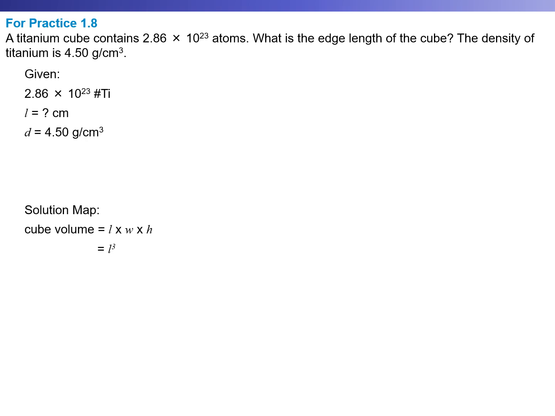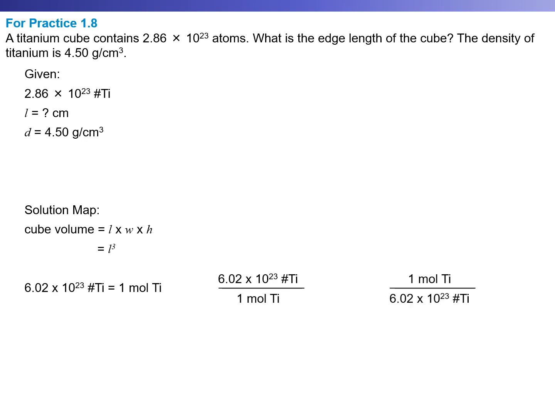Now let's set about getting out of atoms and into grams. If we're starting off with atoms, we know that the number of atoms is going to be equal to 1 mole. When we correlate the number of atoms with moles, we can develop two conversion factors, one with the number of particles on top and the moles on the bottom, or the one with the moles on the top and the number of particles or atoms on the bottom.